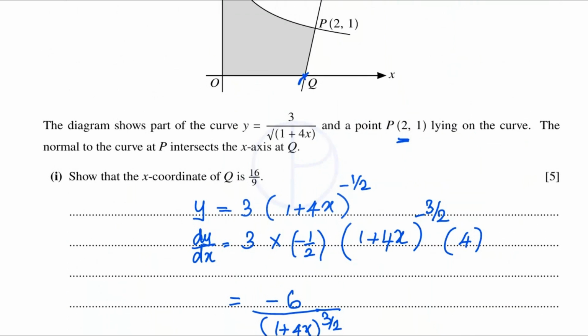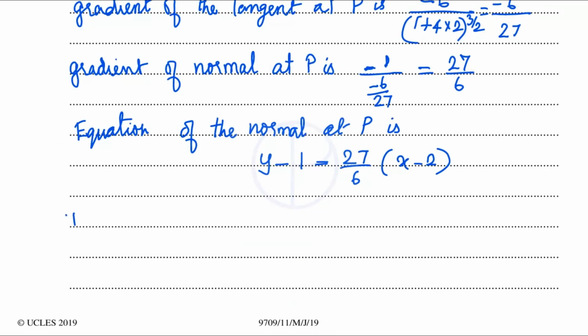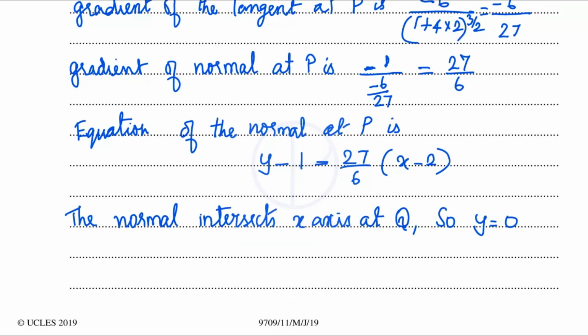So at this point, y is 0. So let's substitute y as 0 in this. So we get negative 1 equal to 27 divided by 6x minus 27 divided by 6 multiplied by 2.